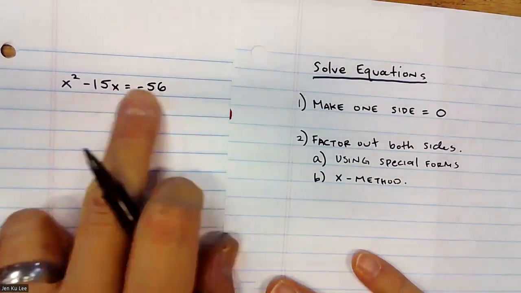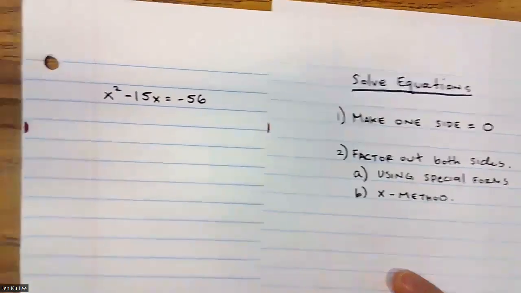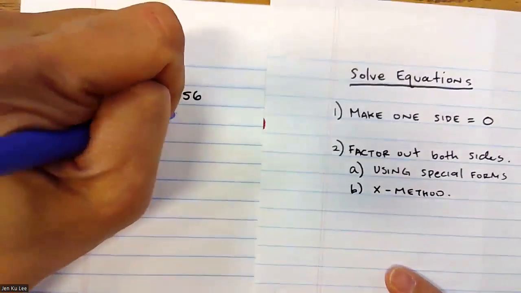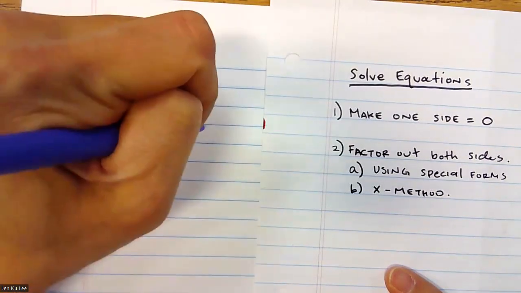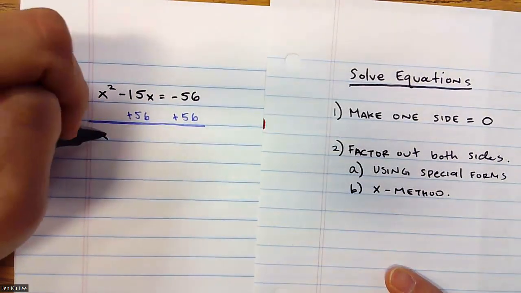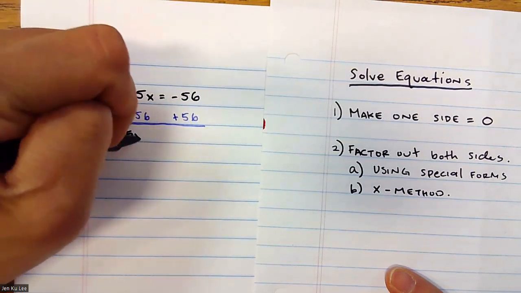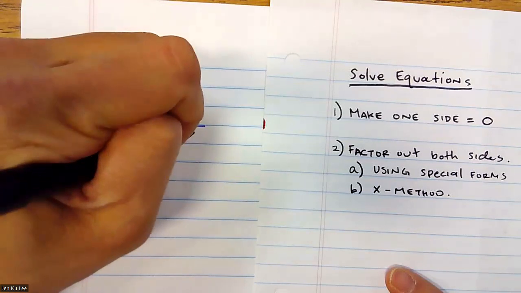So what do I have to do to make one side equal to 0? Add 56. So we're going to add 56 here and add 56 here to make that x squared minus 15x plus 56 equal to 0.